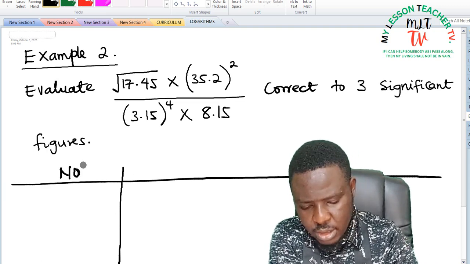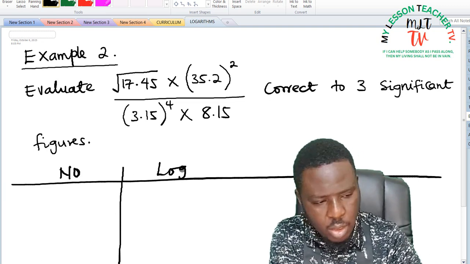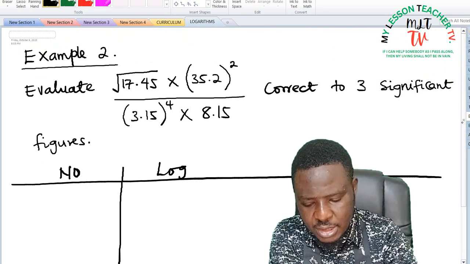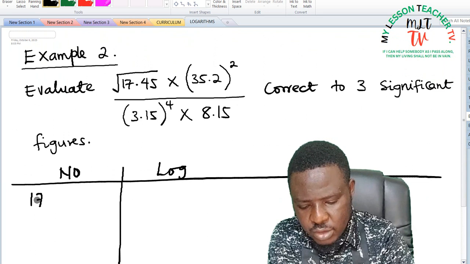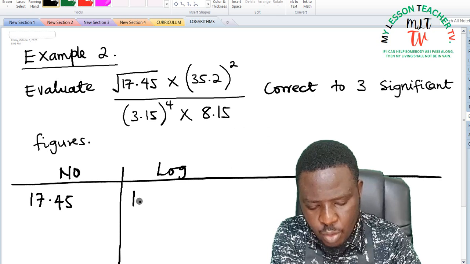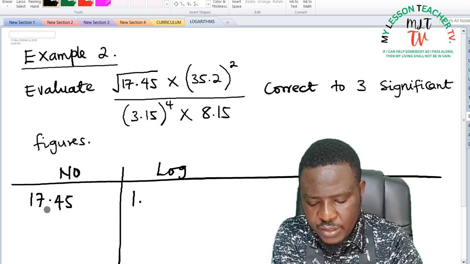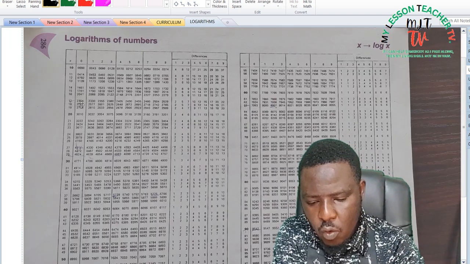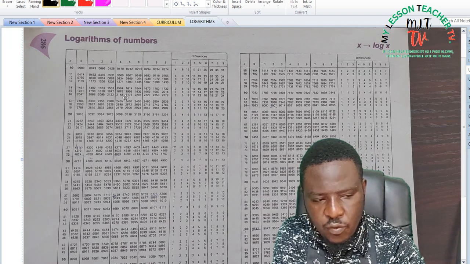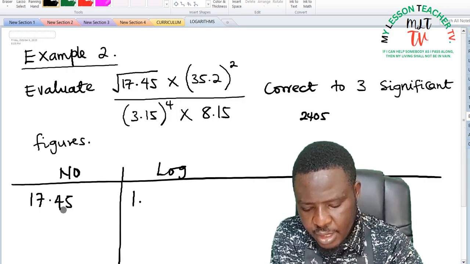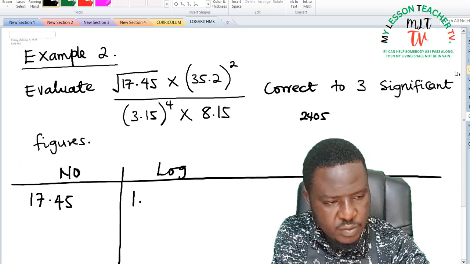We have numbers and log. So the first on our list is 17.45. 17.45 is said to be 1 point. Look out for 17 under 4, difference 5. 17 under 4 is 2405, difference 5.